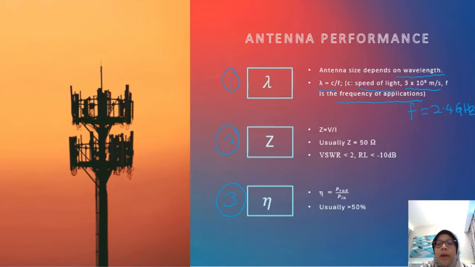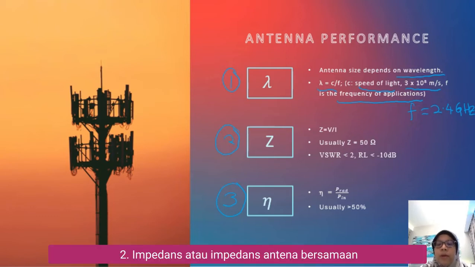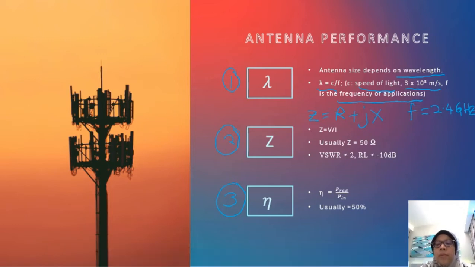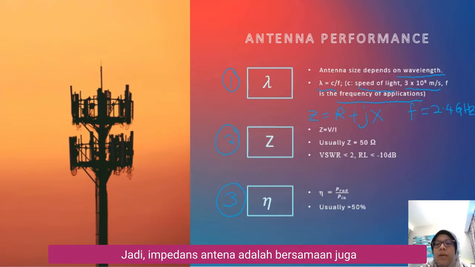And for number 2, impedance. What does it mean by impedance? Antenna impedance can be expressed in terms of the real value or resistance R plus jX, where X is the reactance. The impedance of the antenna is equal to the voltage divided by the current across the antenna.